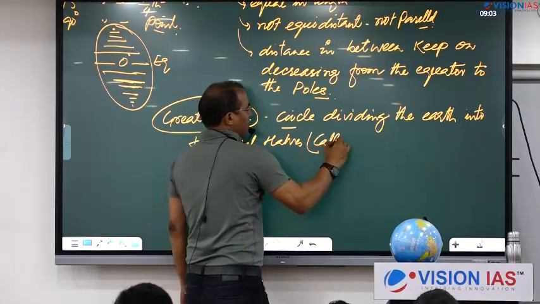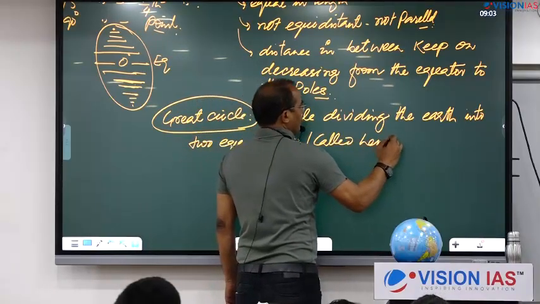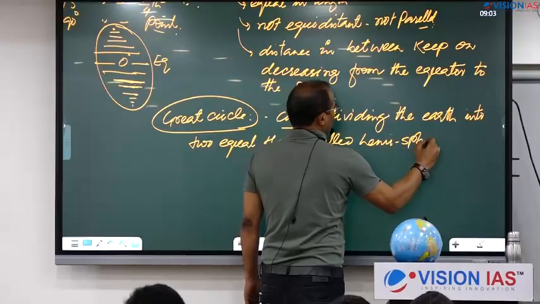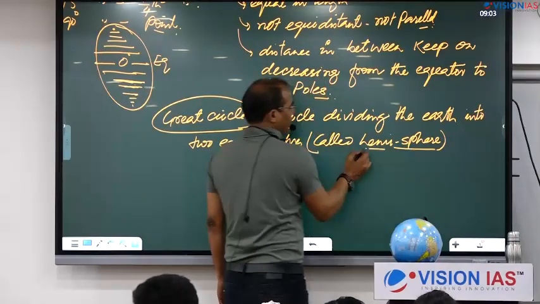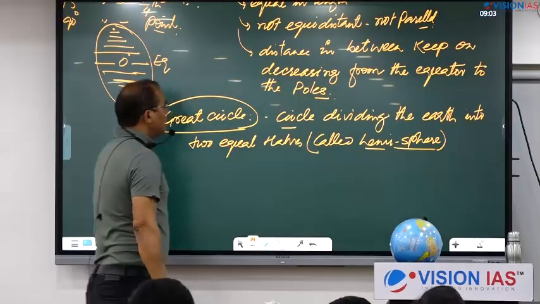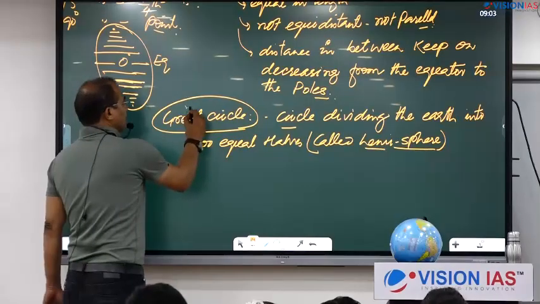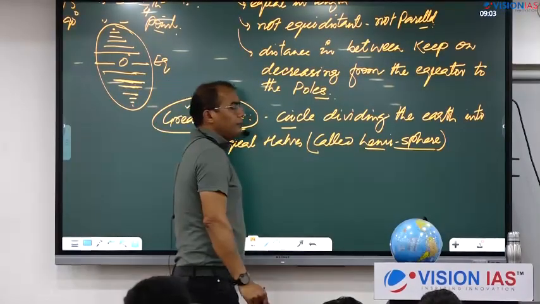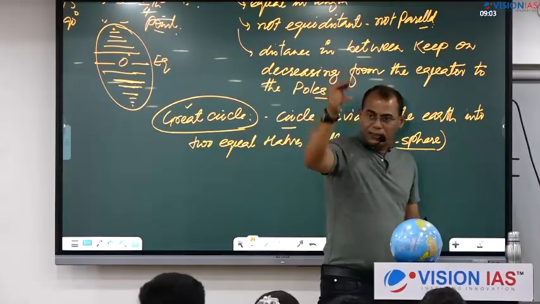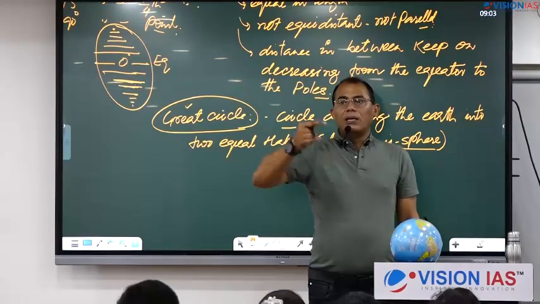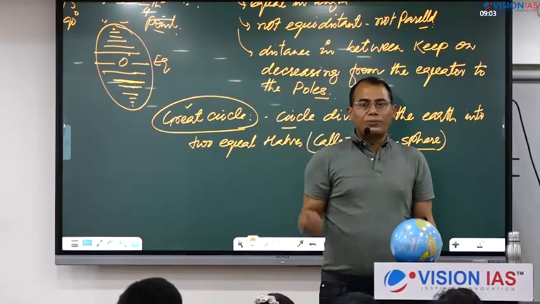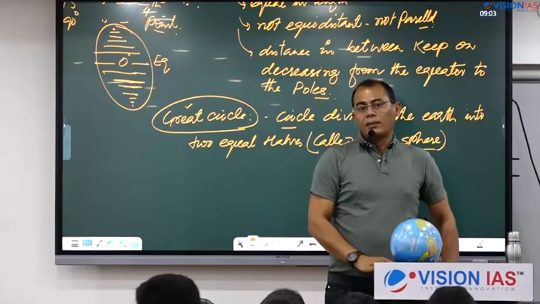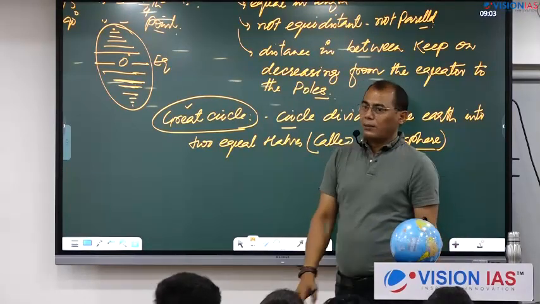Half of a sphere is called a hemisphere. Do you understand? Any circle we draw on the earth, if it divides the earth into two equal halves, we call that circle a great circle.